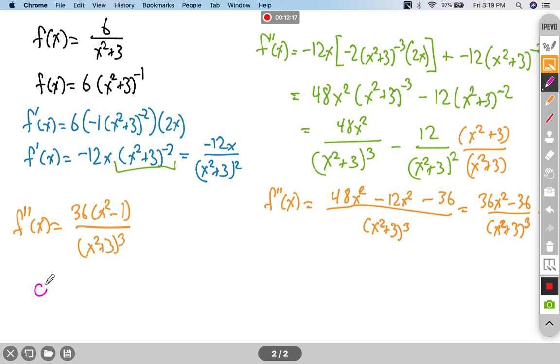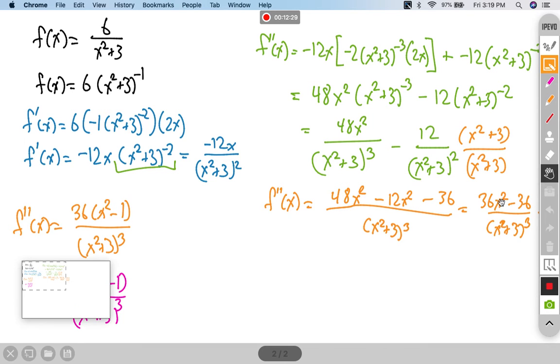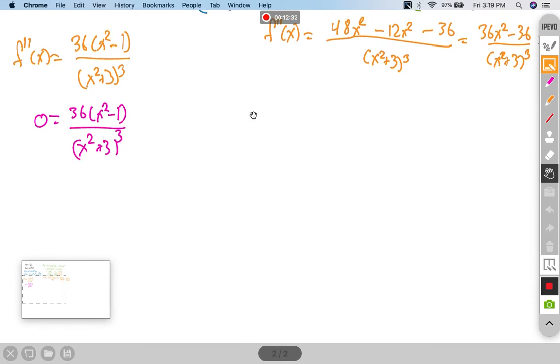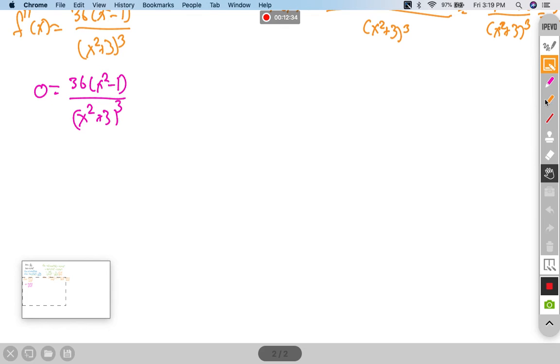So if we want to look at 0 equals 36 times (x squared minus 1) over (x squared plus 3) cubed, we first can be thankful the denominator will never be 0, so I don't have to worry about asymptotes.